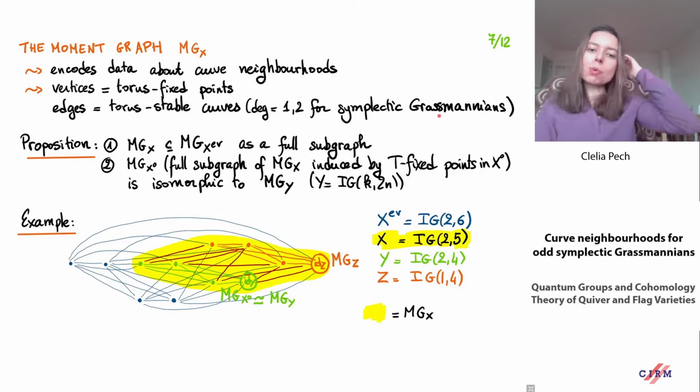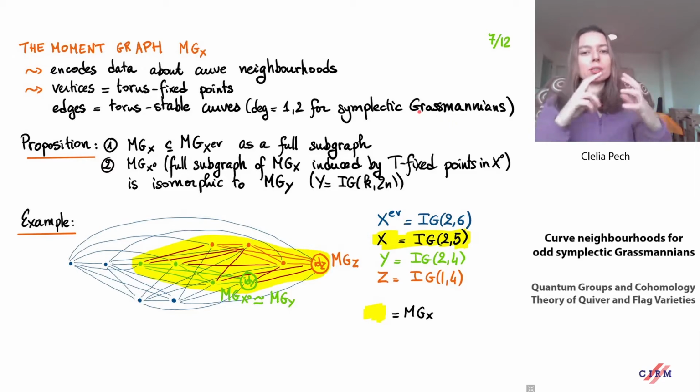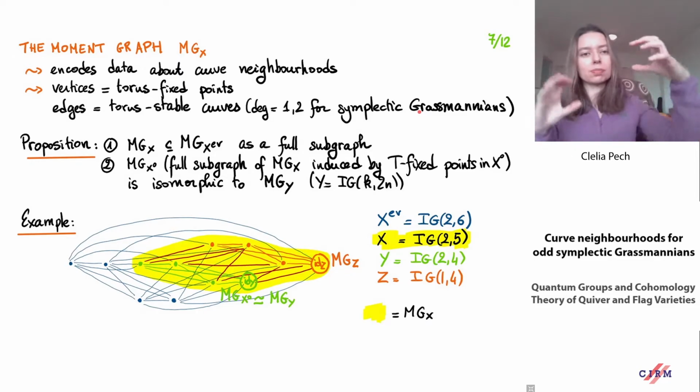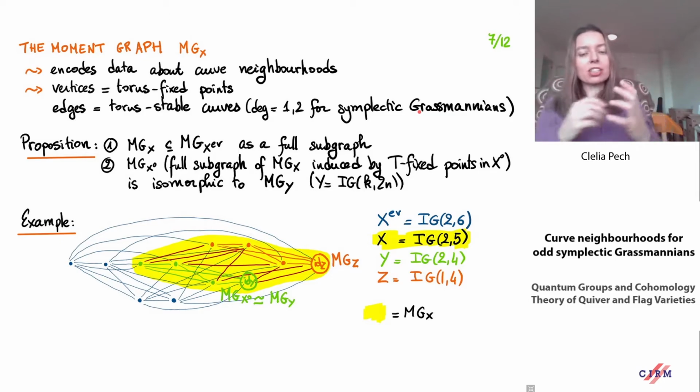And the reason why this is interesting is that if I look at curve neighborhoods, I'm interested in curves between points in my variety, but actually with the group action, I can restrict myself to considering curves between torus fixed points. So that's why that's going to be useful.